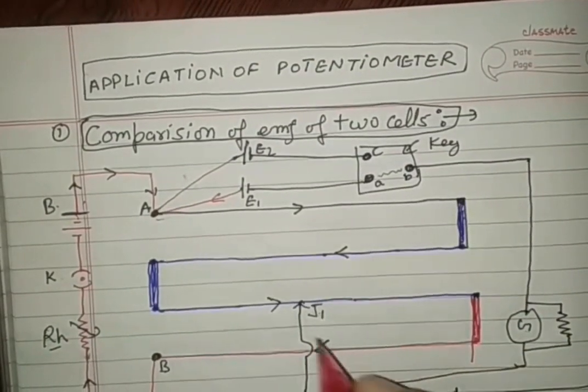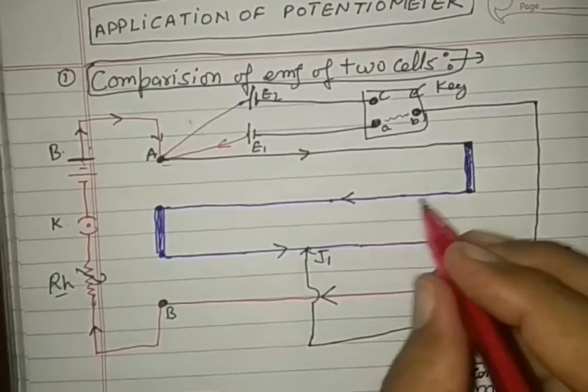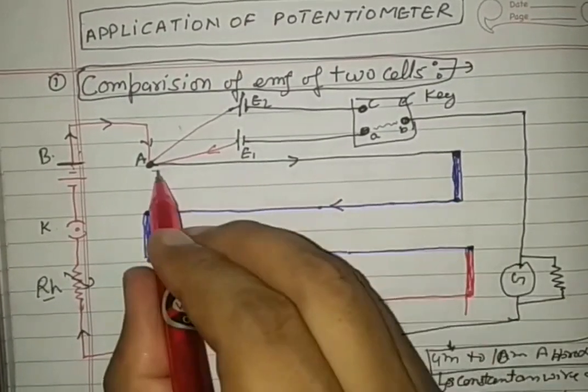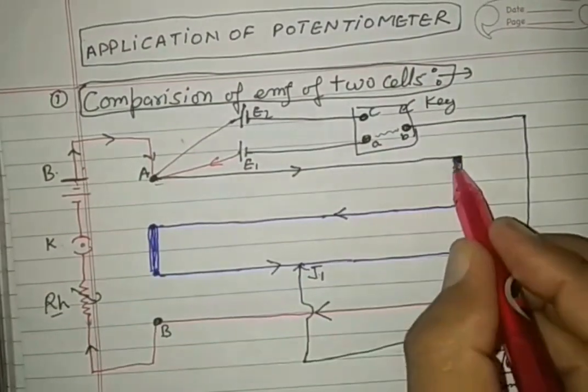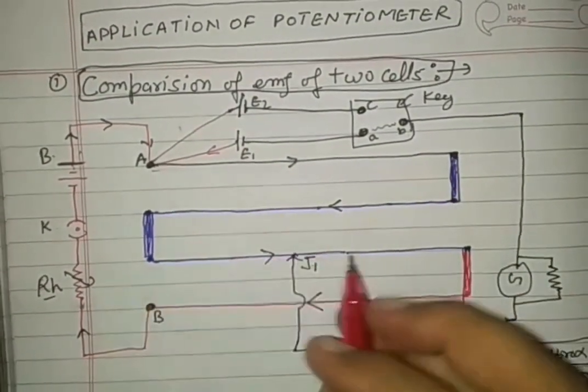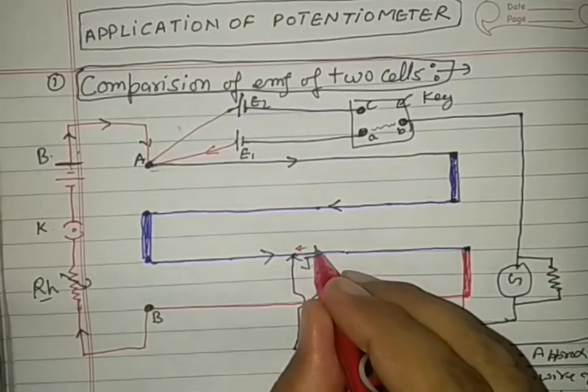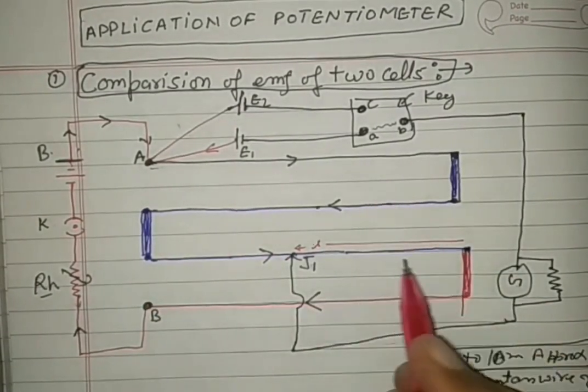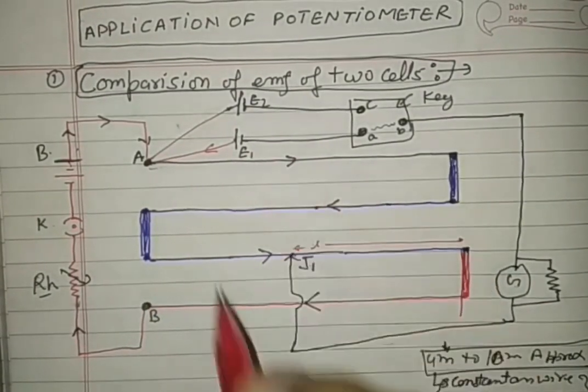In that condition, we will calculate the trapped length. See how the trapped length can be calculated. This is 1 meter, 2 meter, then this length plus this is the length.